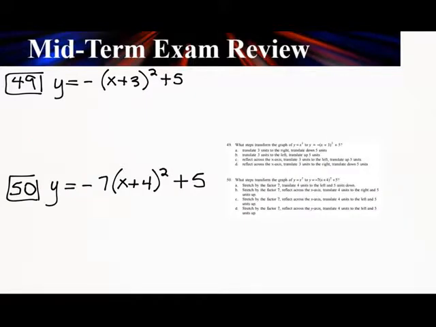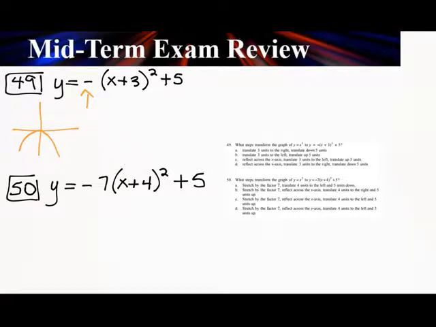All right, so for 49 and 50, we are being asked to translate. And if you really understand how to translate or what's happening in the equation, you can do these in your head. So the negative is going to reflect the parabola across the x-axis, so it's going to make it upside down.